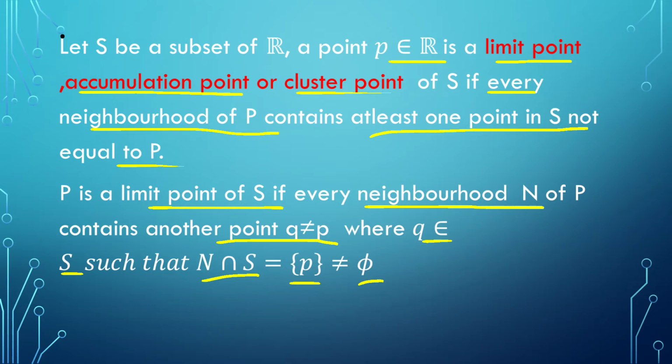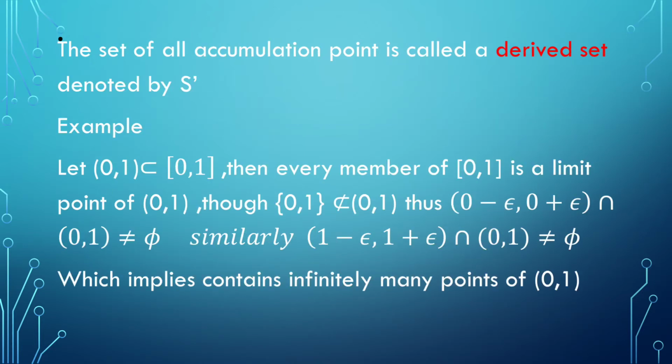So that means there's another element in the neighborhood which is not equal to P.